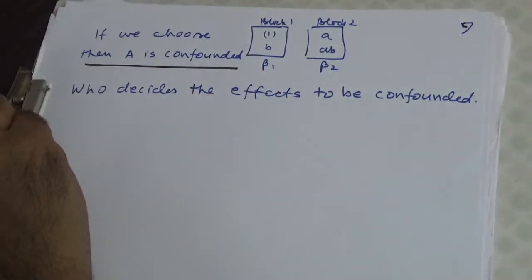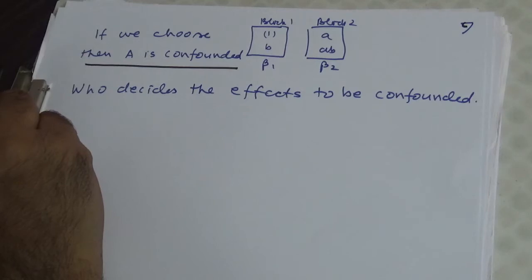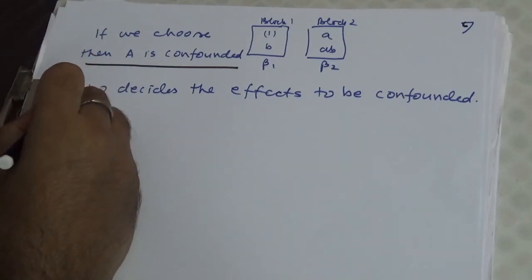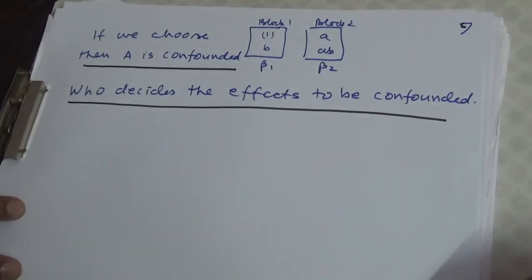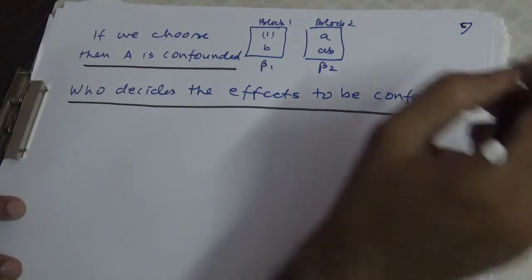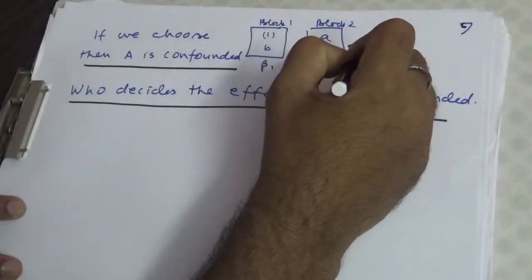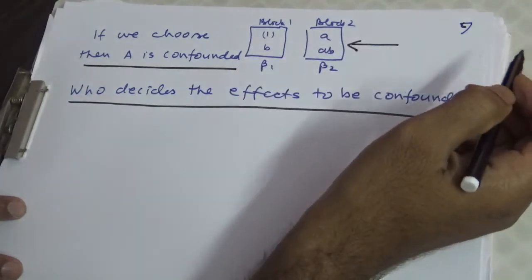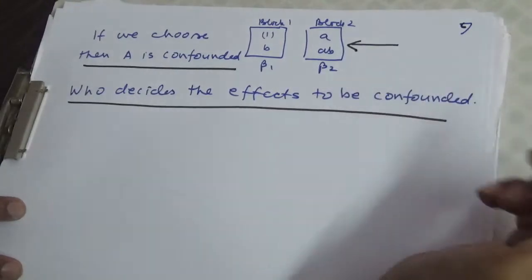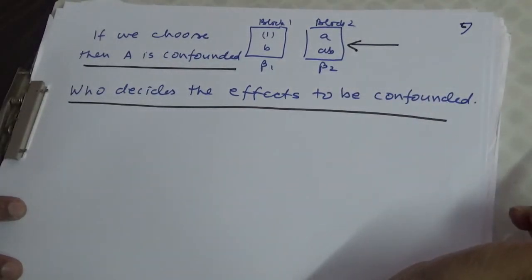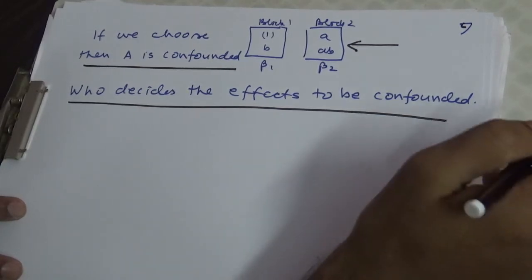Now the bigger question comes: who decides which effects are to be confounded, and how the block arrangements have to be made? You have seen that if you take the block arrangement like this one, A is getting confounded, and if you take the block arrangement from the earlier example, AB was getting confounded. Now let us see what is really happening and why.